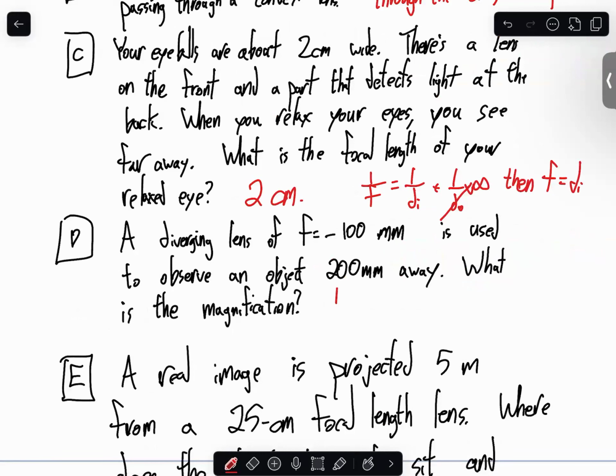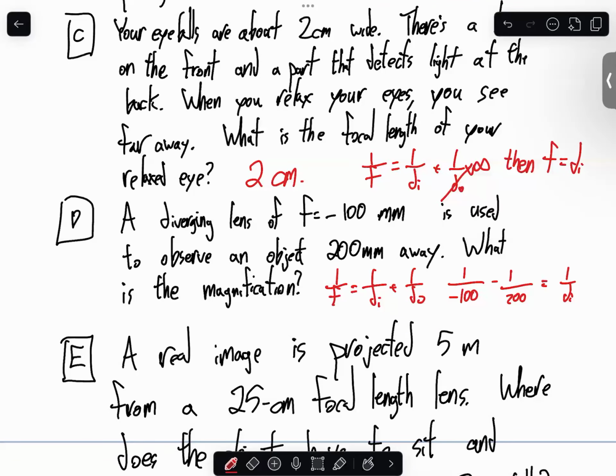Again, here we use 1 over f equals 1 over di plus 1 over do. If we plug in negative 100 millimeters, I could just subtract off, minus 1 over 200 equals 1 over di.